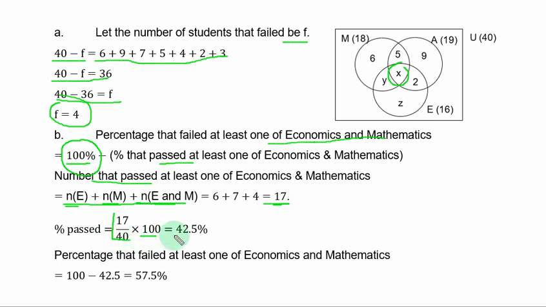That simplifies to 42.5%. Now, the percentage that failed at least one of economics and mathematics is 100 minus 42.5, and that is 57.5%.